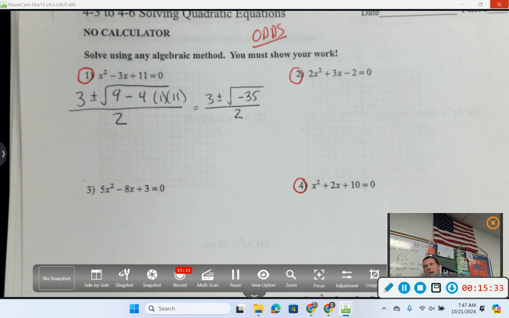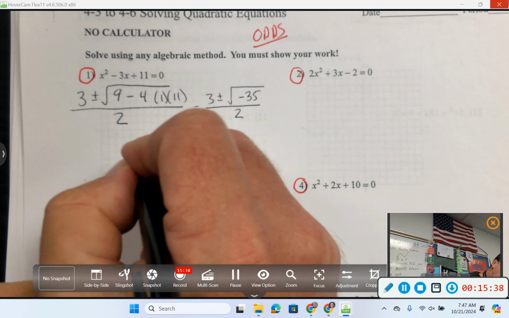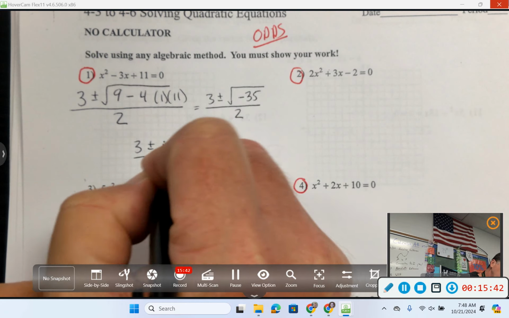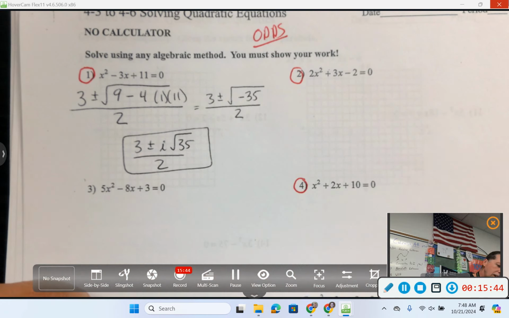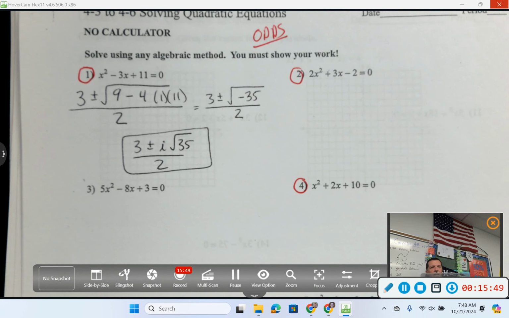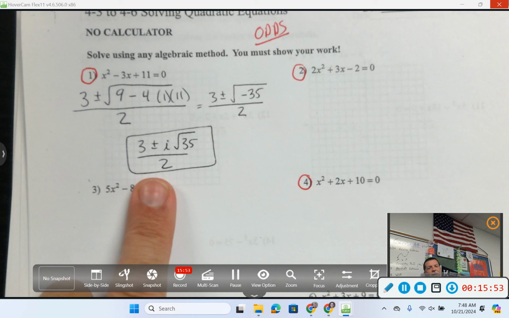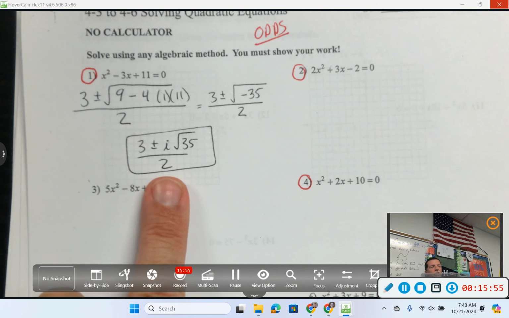And by the way, your answers will confirm if you could have factored. 3 plus or minus i root 35 all over 2. So yeah, pretty sure I wasn't going to be factoring that, because those would be my factors. If I was amazing and I could factor it, those would be my factors.